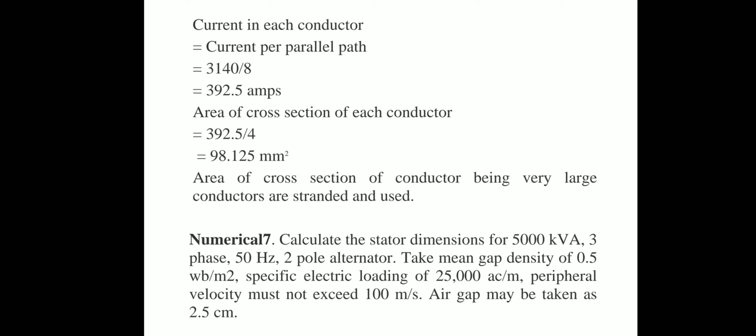You can see from the numeric values that the area of cross section of the conductor being very large, the conductors are stranded and then used. This is the complete detailed solution of numerical number 6.